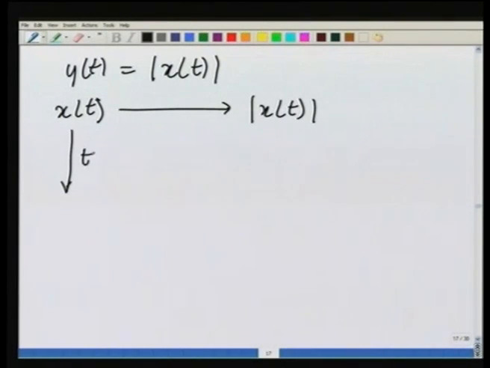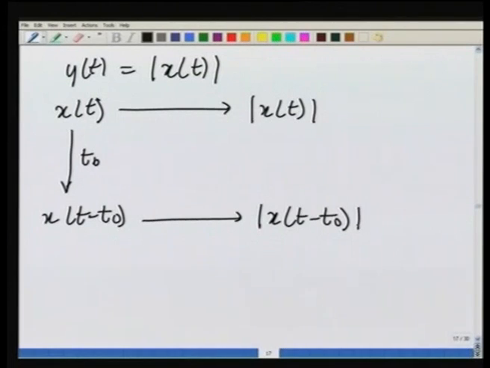The time delayed version of x of t is x of t minus t naught. Apply the system to it, the system finds its absolute value, mod x of t minus t naught. That is it. Now, coming through the other path, we have mod x of t, and here applying a delay is equivalent to replacing every occurrence of t by t minus t naught, so that you get mod x of t minus t naught, exactly the same as before. So, this is time invariant.